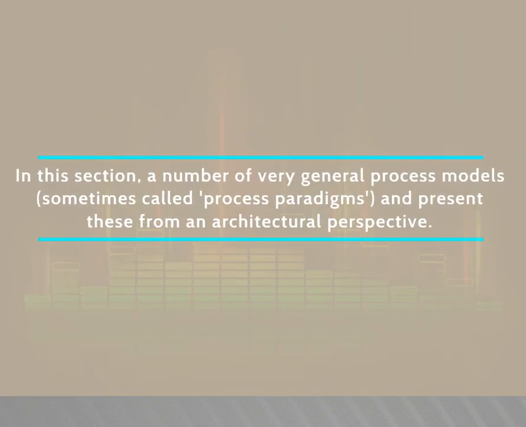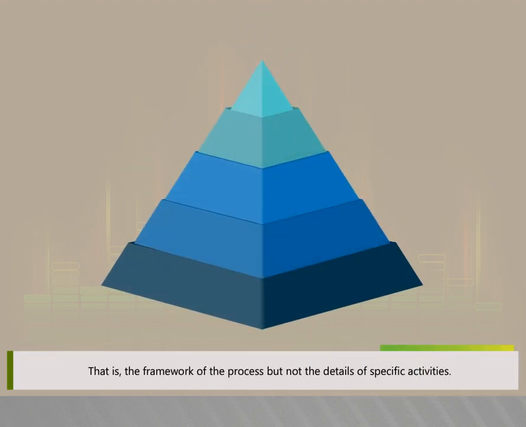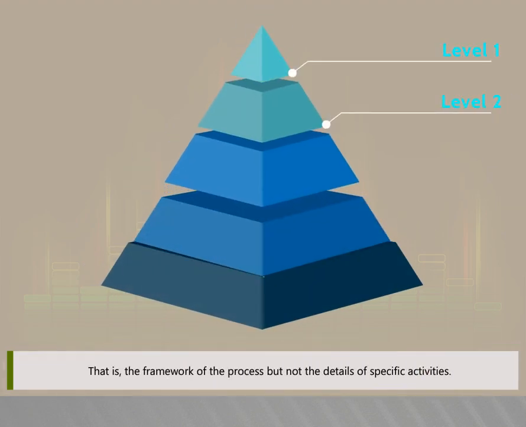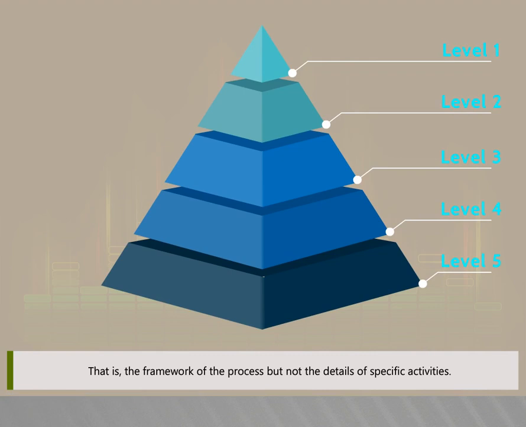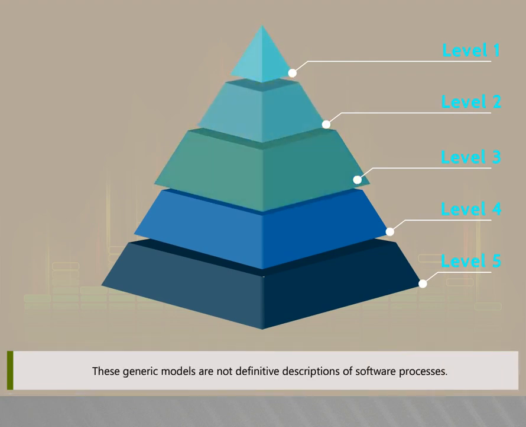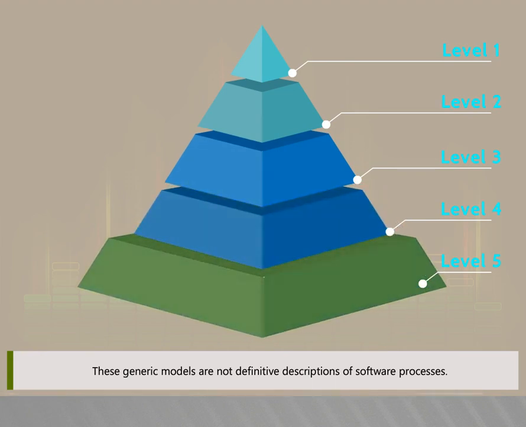In this section, a number of very general process models, sometimes called process paradigms, are presented from an architectural perspective. That is, the framework of the process but not the details of specific activities. These generic models are not definitive descriptions of software processes.